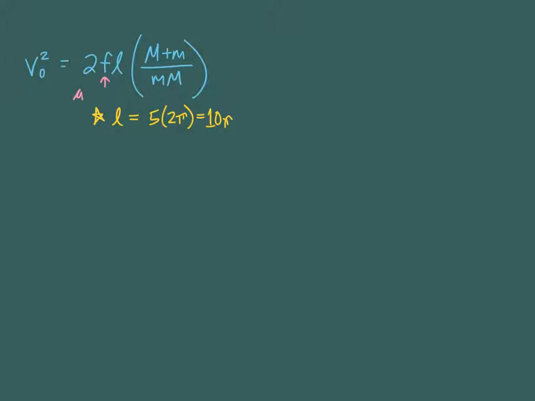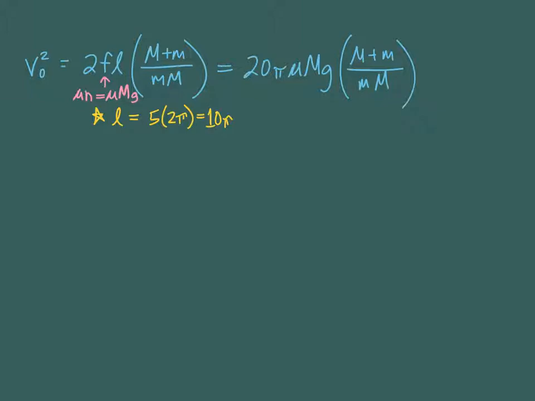So mu n, which will be mu capital M for mass of the skater G. So let's see how this shakes out. It's like a Russian doll with all these equations, all right? So I'm going to have 2 times 10 pi, or 20 pi, times mu m g times m plus m over mm.